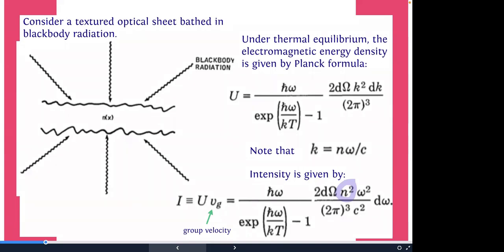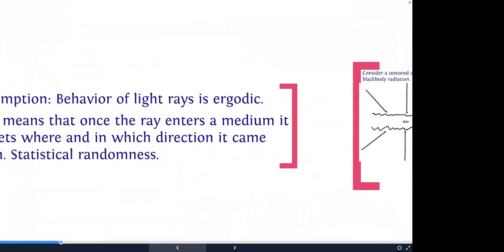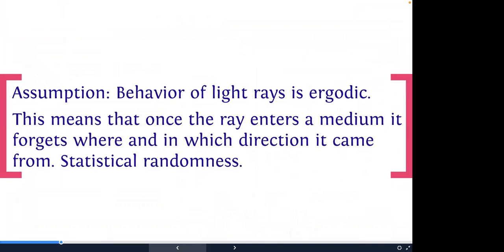And that n for silicon is about 3, so n squared is 9, so that's a big factor. That means I can increase the intensity in a material by simply choosing a material with a higher refractive index. So that's a very interesting and important point. By the way, it is also related to the concentration of light in the CPC case we talked about before.